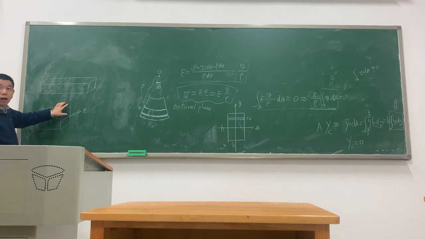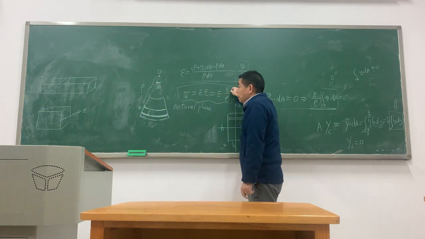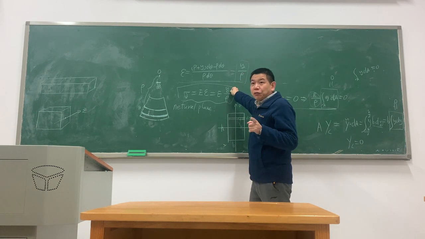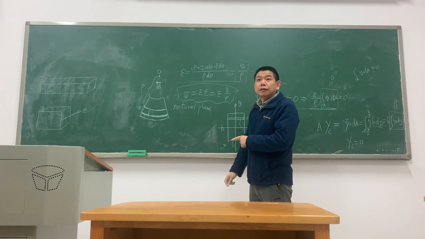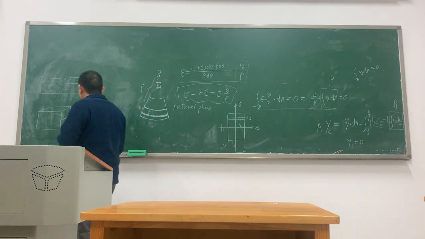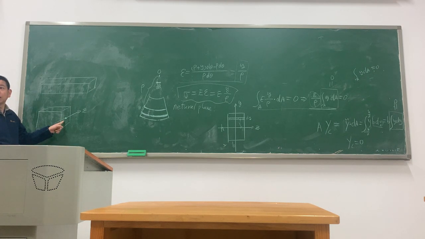The upper part, the top part is in compression, and the stress is proportional to y. Yes or no? It means when y is 0, the point is on the neutral axis.